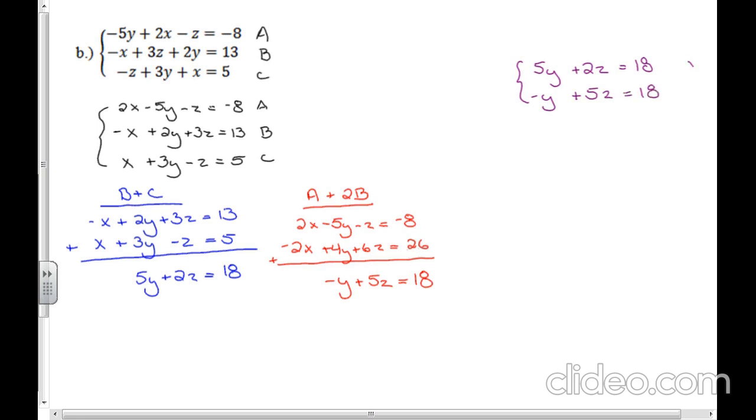I'm going to call these equations D and E, just give them labels. Now I can either substitute or eliminate to solve with this two-variable system. So I'm going to use elimination here. I'm going to take D as it is, and I'm going to multiply E by 5. So I created these two new equations through elimination with my original system, and then I'm going to work with these two new equations as their own system.